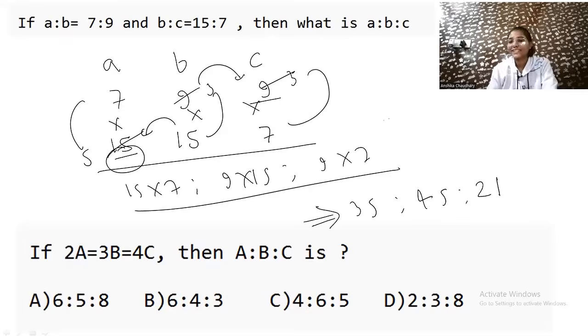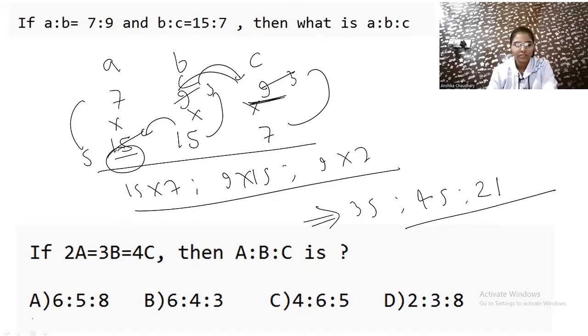The shortest trick here is to fill this place with the neighbor, then check whether they divide each other. If they do, simplify as much as you can. If not, simply multiply all these numbers and give the answer. So this will be the final answer for this question.